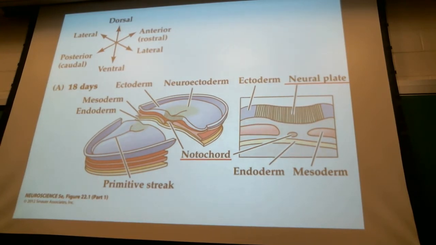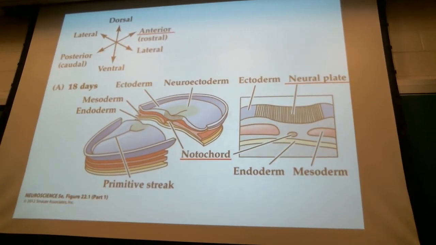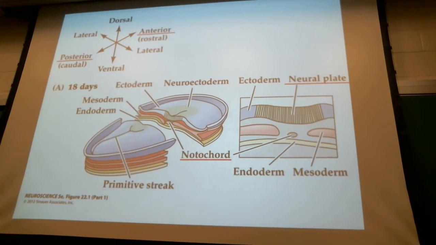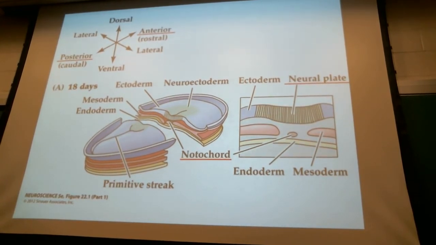So the primitive streak develops this way, and this part will be a head part, which is anterior. And the other side is called posterior. But in the brain, often we think it's the nose part over the back side. So that's rostral and caudal.